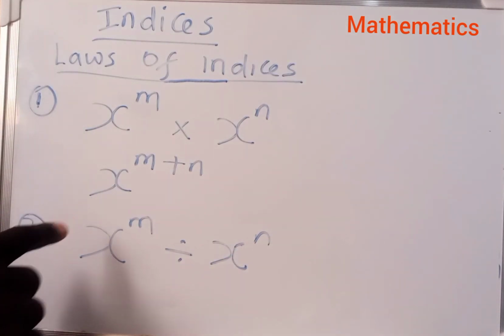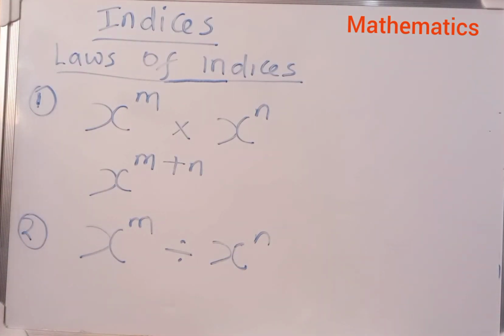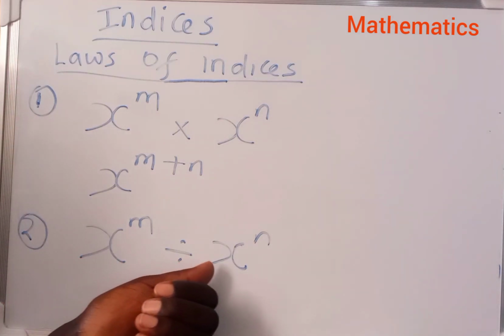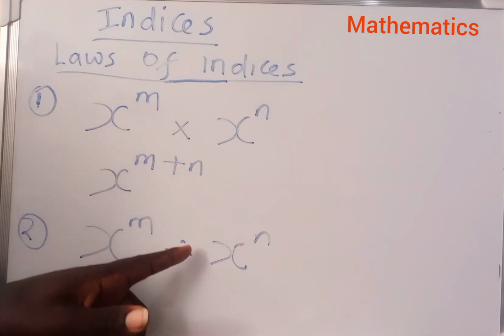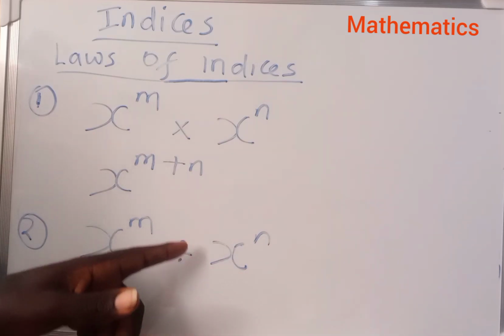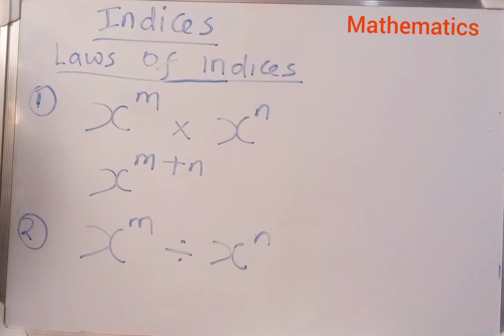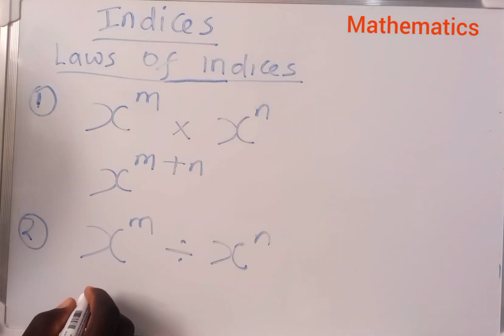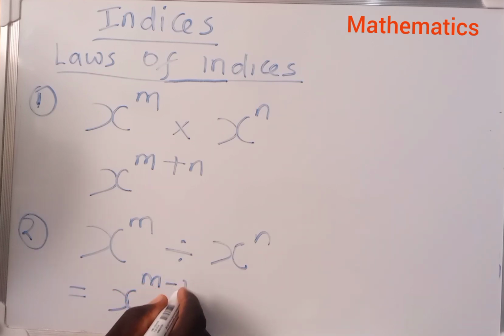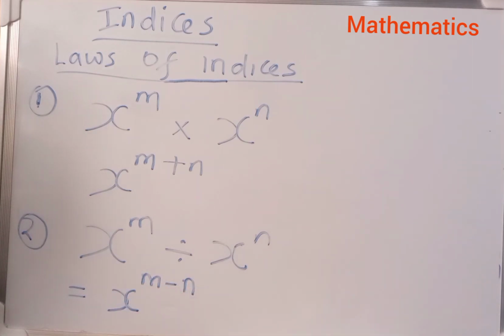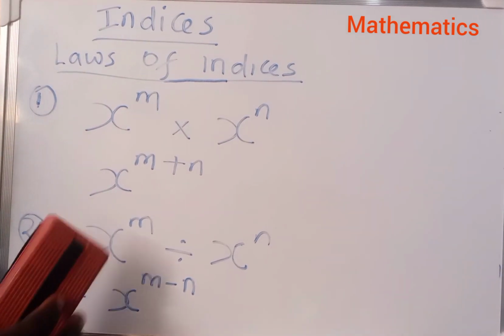In this case, the bases are the same, that is x and x, and there is a division sign in between. Therefore, we subtract the powers. That is, we shall have x raised to m minus n. That is the second law of indices.